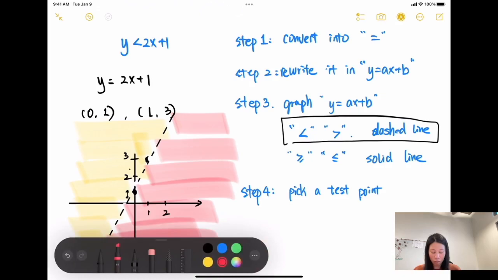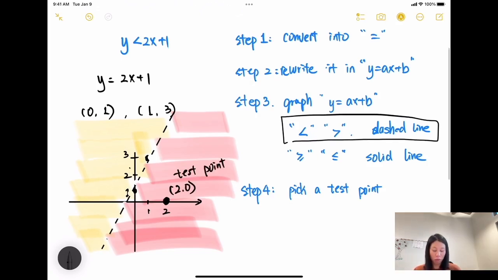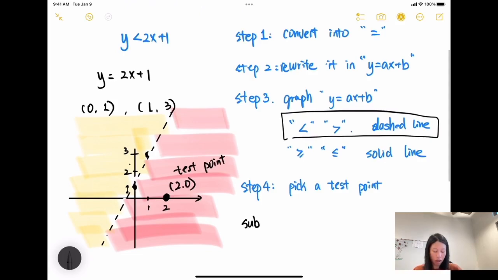So let's say I'm going to pick 2, 0, this is my test point in the red area. And then I substitute x equals 2, y equals 0 into the inequality.